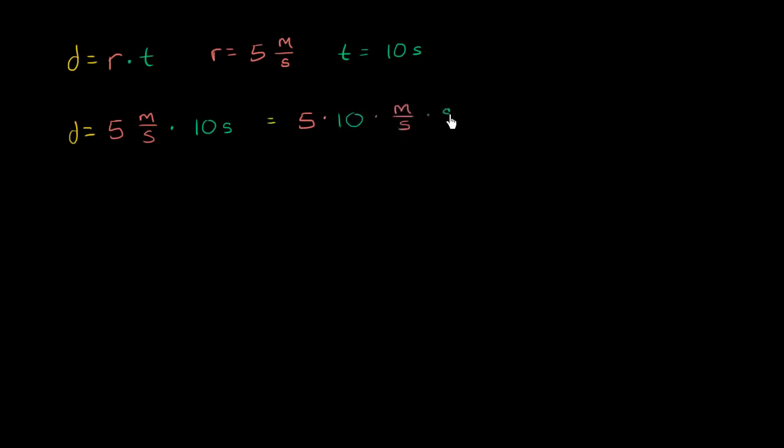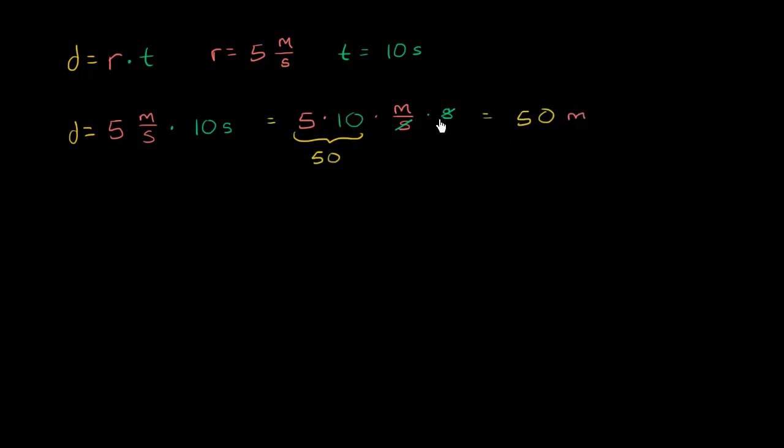And if we treat our units as these algebraic objects, we have seconds in the denominator multiplied by seconds in the numerator, and those are going to cancel out. And 5 times 10, of course, is 50. So we would be left with 50, and the units that we're left with are the meters. 50 meters. So that's pretty neat.